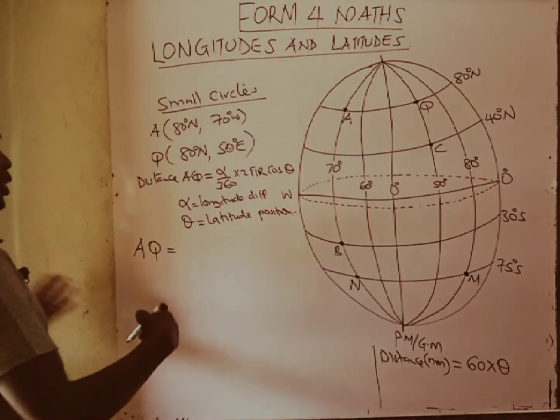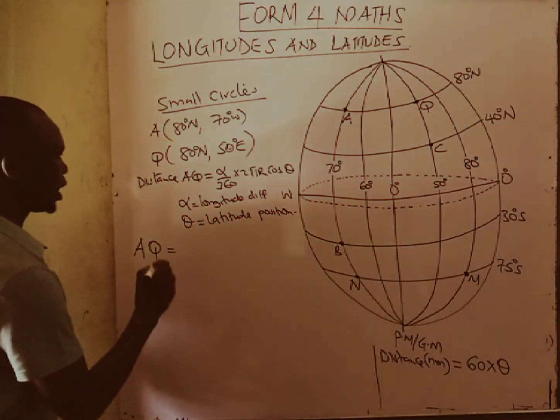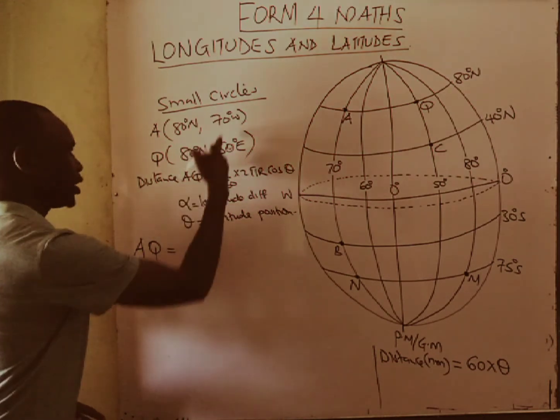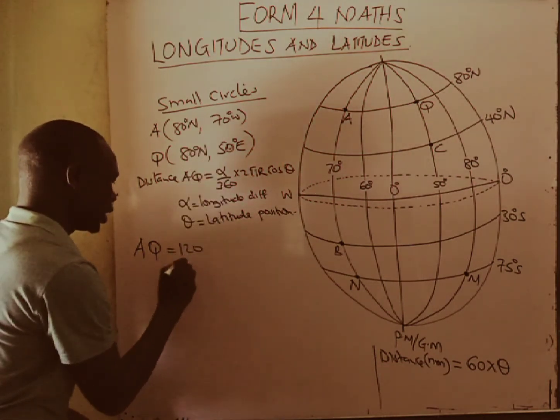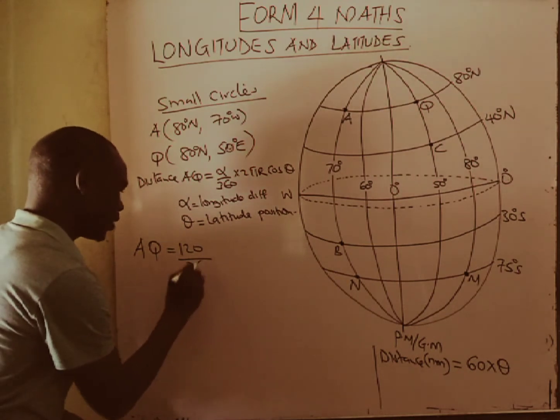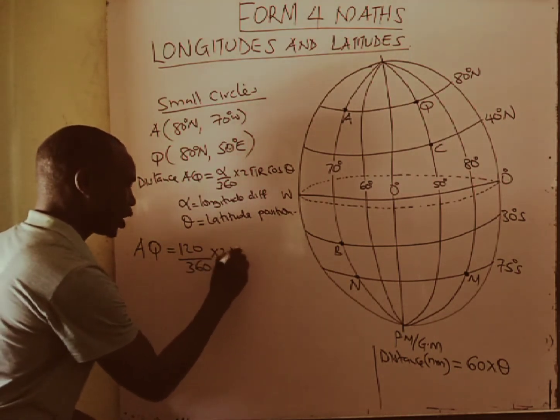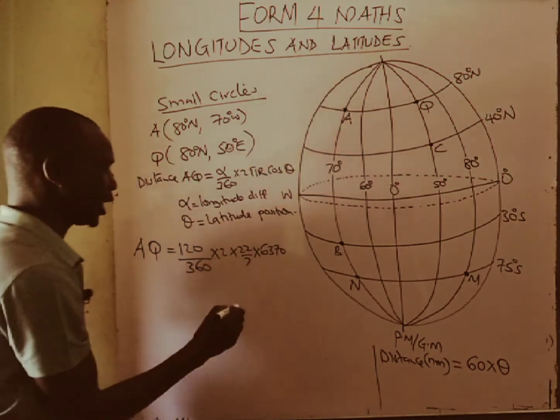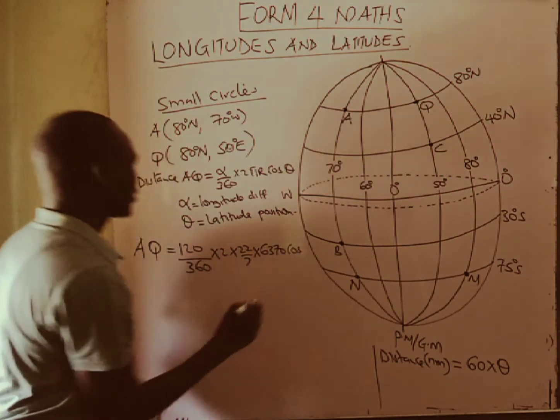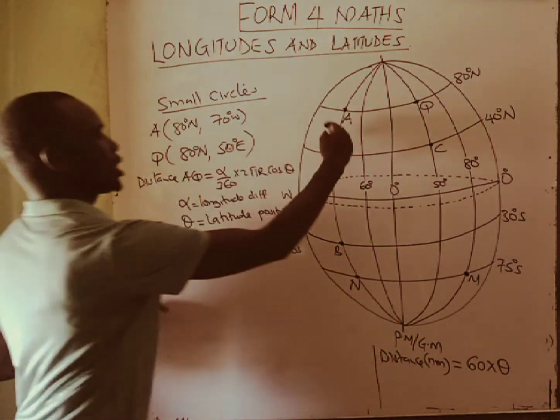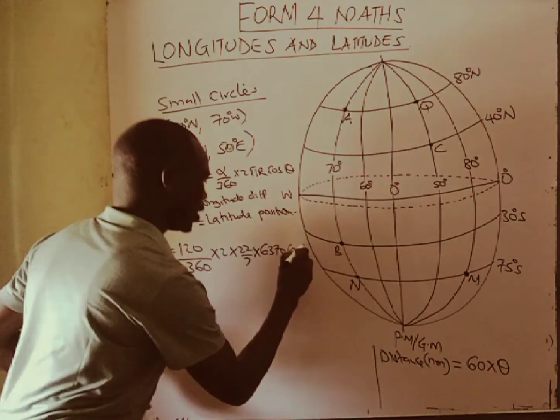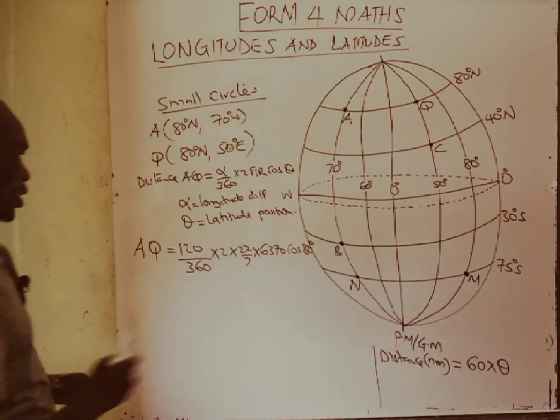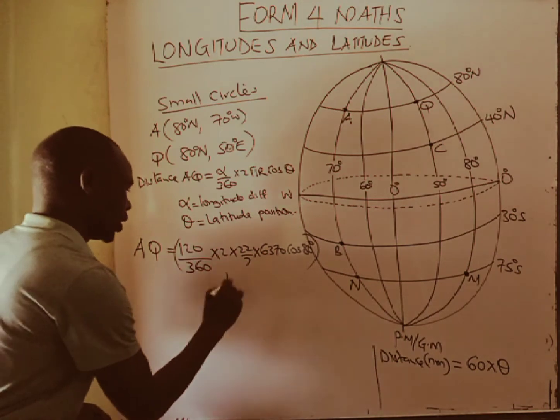Since one is to the west and another one is to the east, we always add the 2 to get our longitude difference. So 70 plus 50 gives 120. That is our alpha. Divide by 360 times 2 times 22 over 7 times 6370, which is the radius of the earth. We multiply by the cos of the latitude position. The 2 points are 80 degrees north, and therefore we say cos 80 degrees, and whatever you get here should be in kilometers.